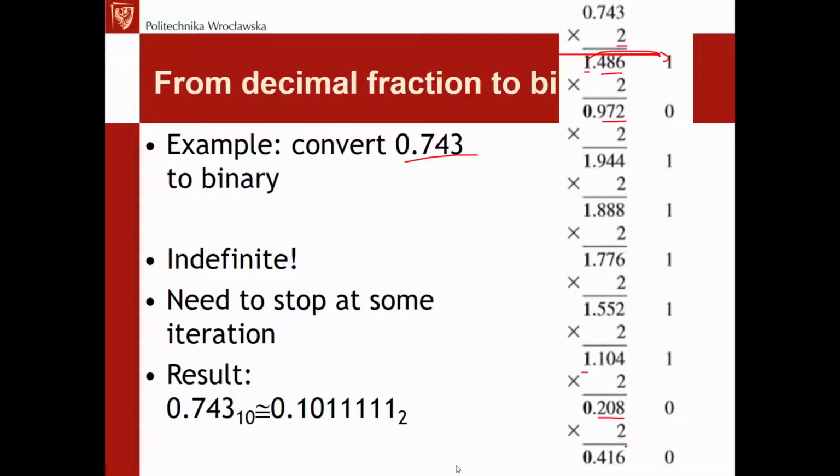And then when we multiply it, we have 0.832, and then 1, so it will be 0, then additional 1, and so on. There will be some period here of zeros and ones, but it would mean that we can only get closer to this value, 0.743, but we will not get exactly there. We will not be able to reduce the error to 0. There will always be some remnant, which means that we need to stop the iteration at some point.